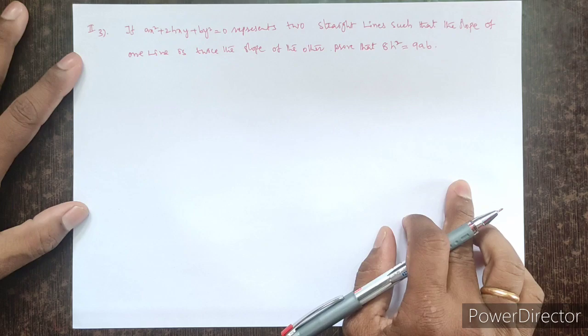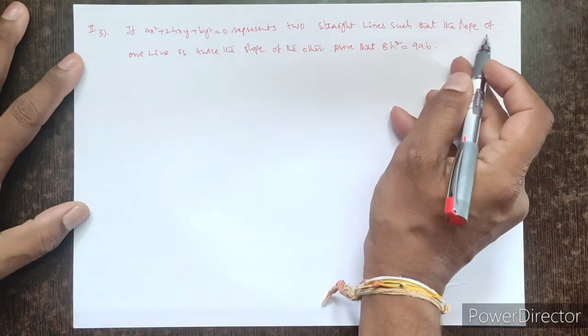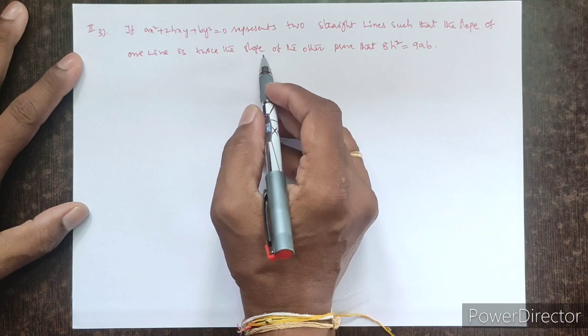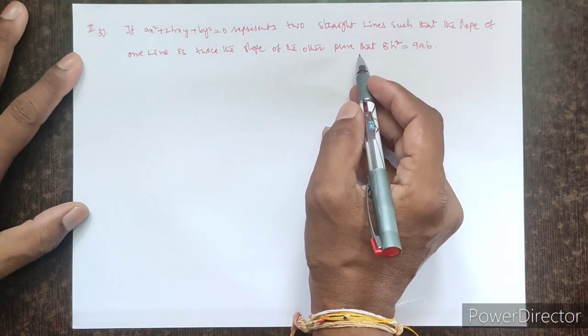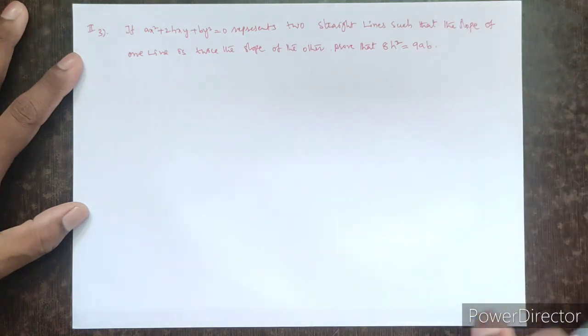If ax square plus 2hxy plus by square equal to 0 represents two straight lines such that the slope of one of the lines is twice the slope of the other, then prove that 8h square equal to 9ab.